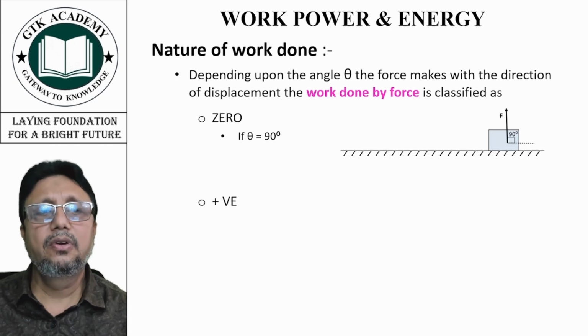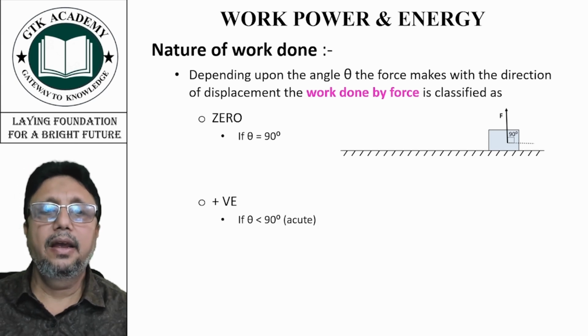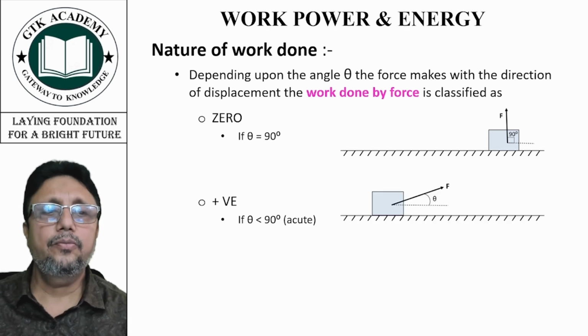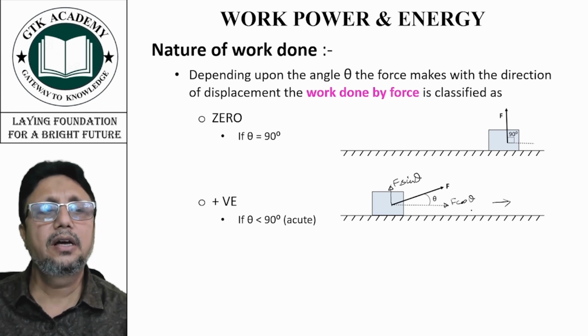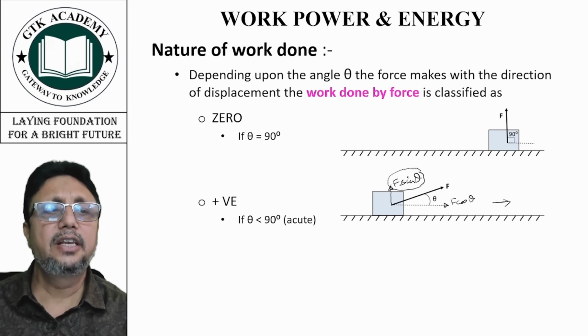Work done is positive if theta is acute, less than 90 degrees. Like this. Here you will have two components, F cos theta and F sin theta, which we discussed just now. Now displacement is happening in this direction, that is the direction of F cos theta, and there is no displacement in the direction of F sin theta, just leave it.